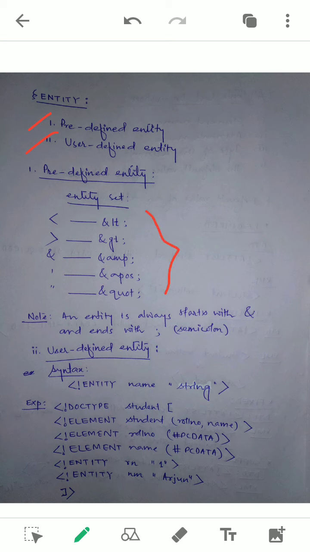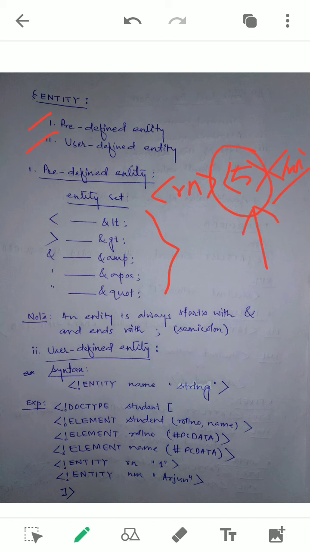Now see why these predefined entity sets are given: because you cannot use this sign if you want to display a value within an element. What I am trying to say: if you want to display an element like roll number and 5, you want to keep it like this, roll number is closed, but this 5 you cannot keep like that. Why?